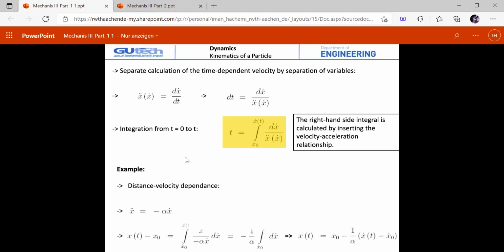Now, if we take, for example, this example, where the acceleration is equal to minus alpha multiplied by x dot, this is a linear relation between the acceleration and the velocity. Then we integrate, using this relationship, the previous one.